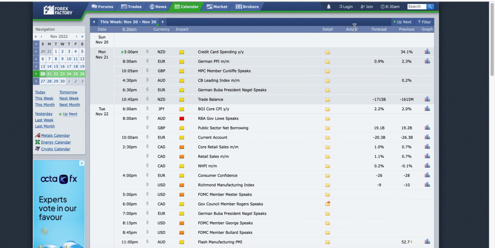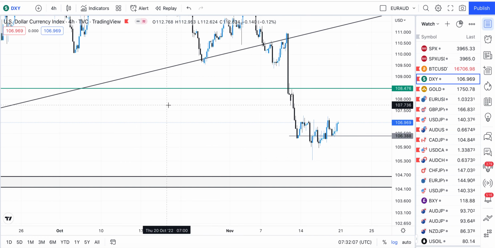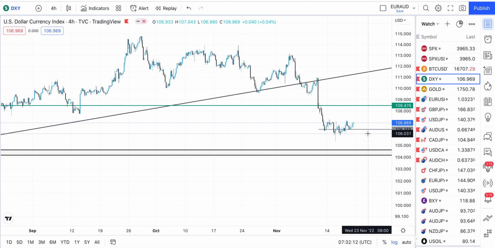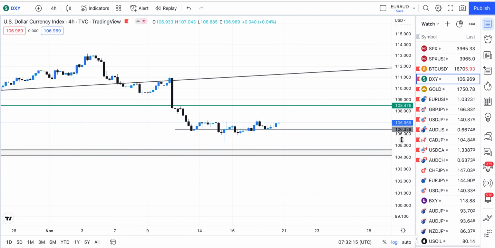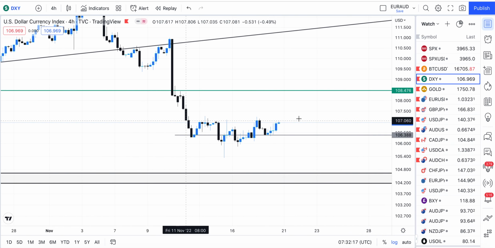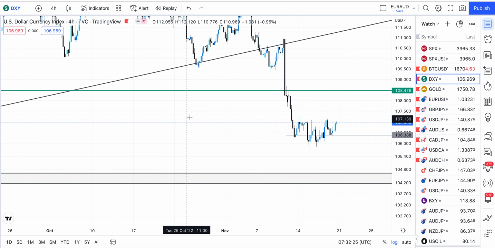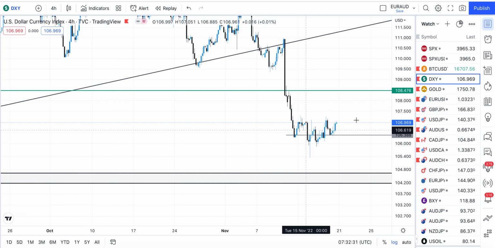So let's dive deep into the technical aspect. Last week we saw some range in the US dollar, but moving on to Wednesday, Thursday, and Friday, we saw this move. What we want to look at is that 2 weeks ago we predicted that we would still have a bounce up at this level, and as you can see, there is a sign of a bounce at this level to the upside.